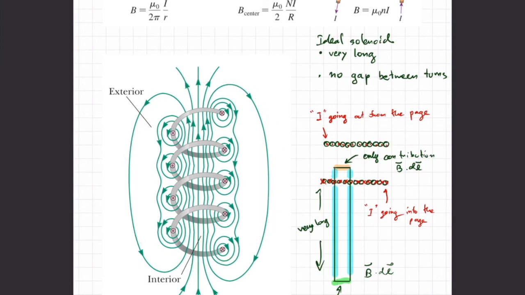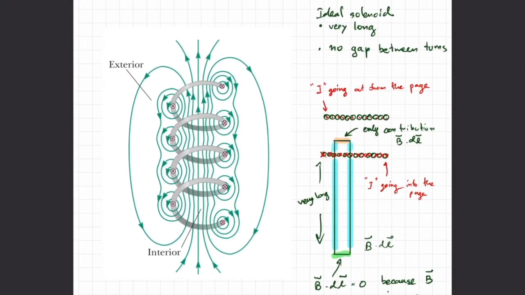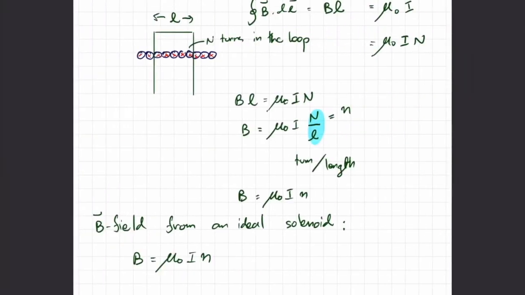You can also use the right hand rule to figure out which way the magnetic field is pointing. You can curve your fingers around the direction of the current in the coil, and then your thumb will point in the direction of the magnetic field like this. The right hand rule is actually very robust in this topic, because it can apply to every case that we have talked about.